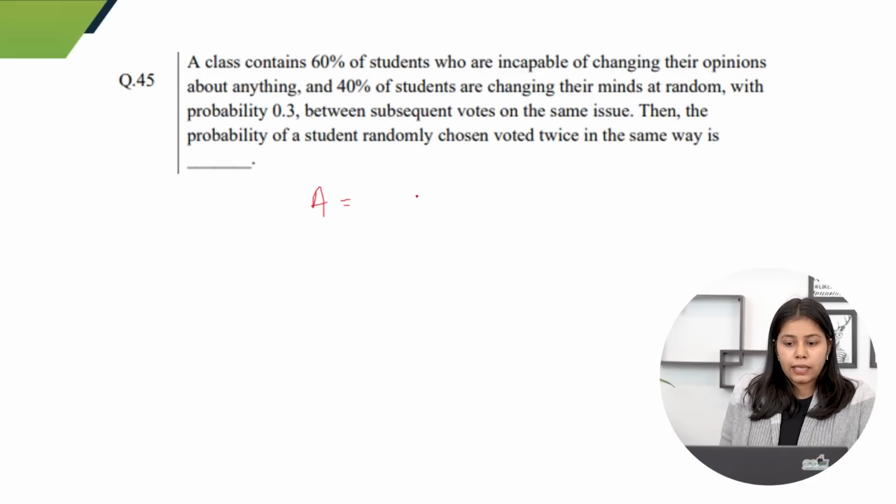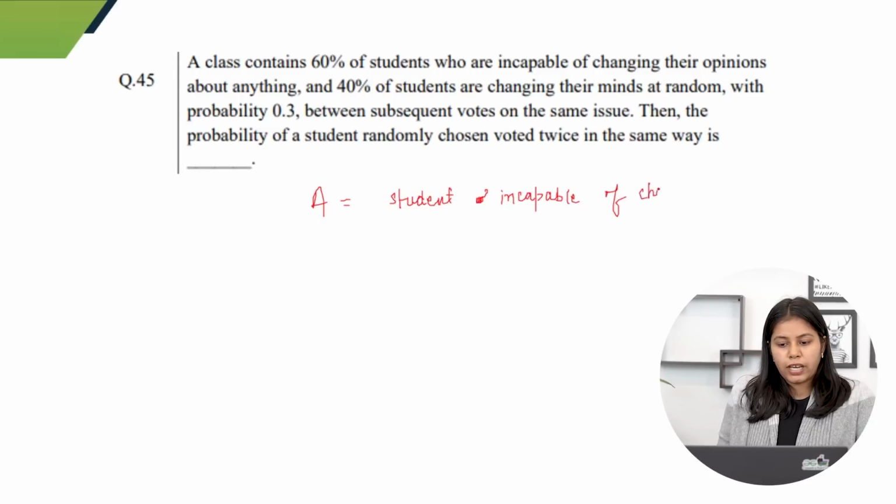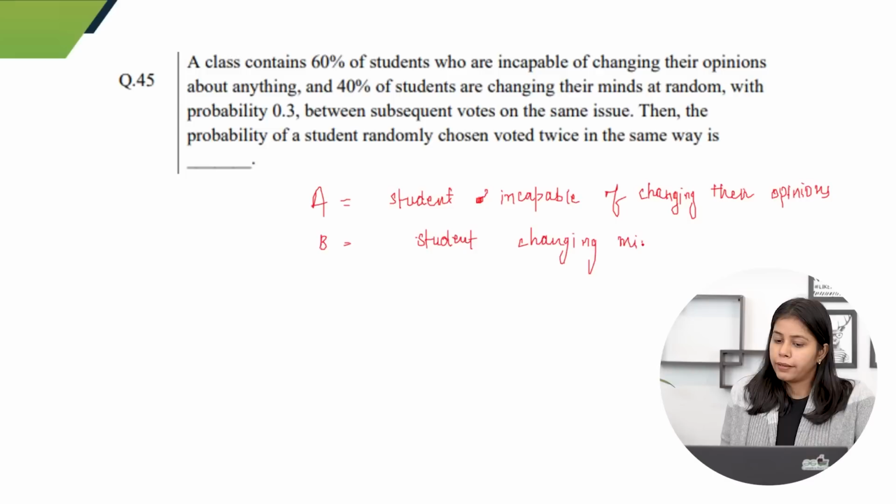So I'll consider A as students who are incapable of changing their opinions, that means they are not changing their opinions. And B would be students changing their mind at random, right?